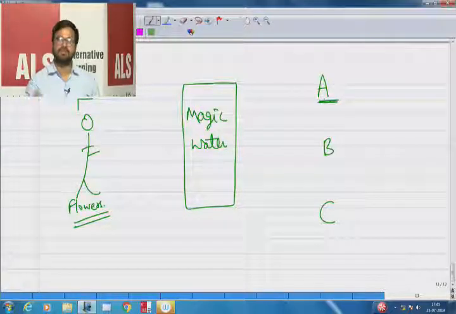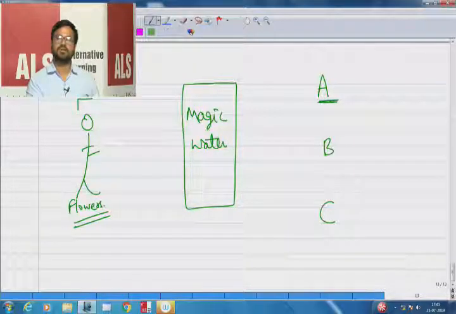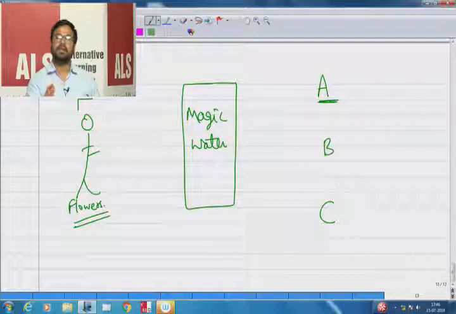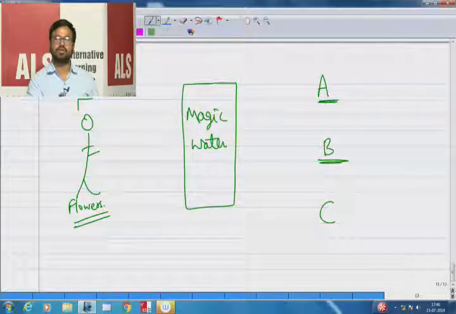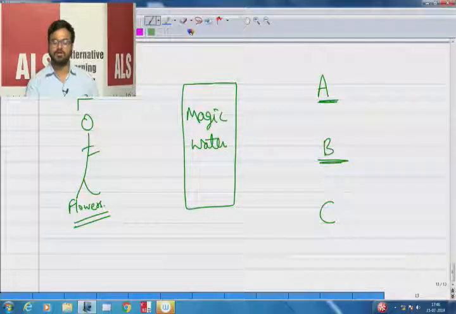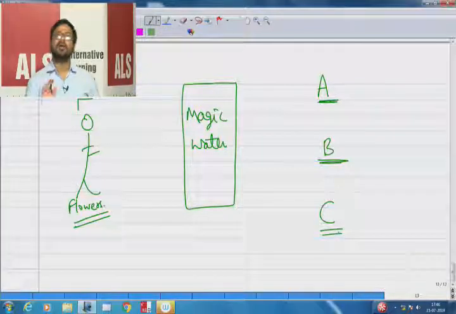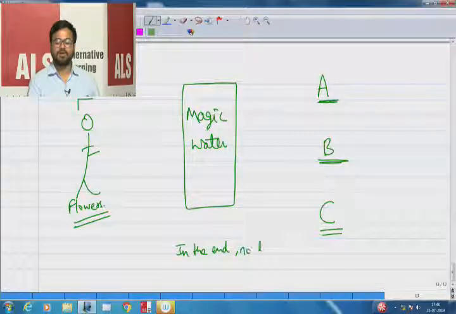After giving to house A, he again washes the remaining flowers, they again get doubled, and again he gives some of the flowers to house B. Then again he washes the remaining flowers, they again get doubled, and in the end he gives all the flowers to house C. So in the end he has nothing with him. In the end, no flower left.